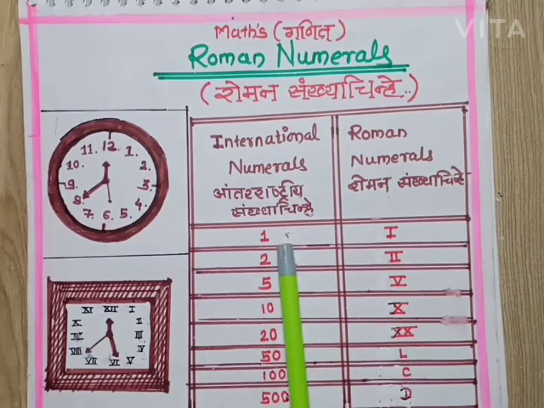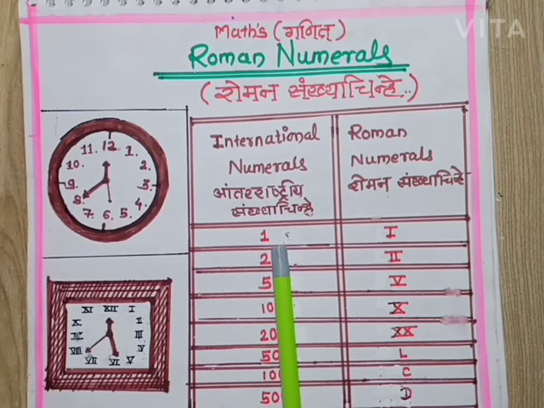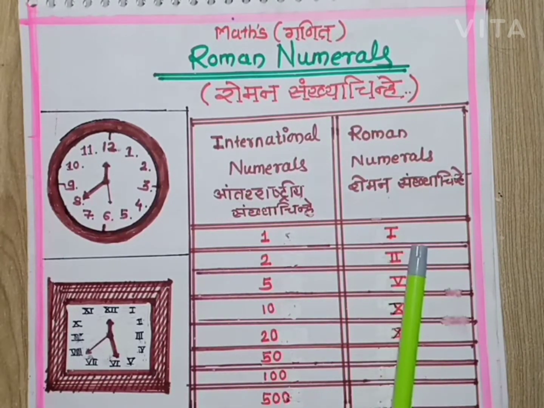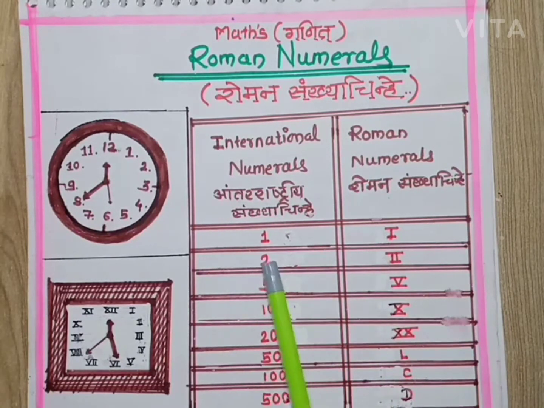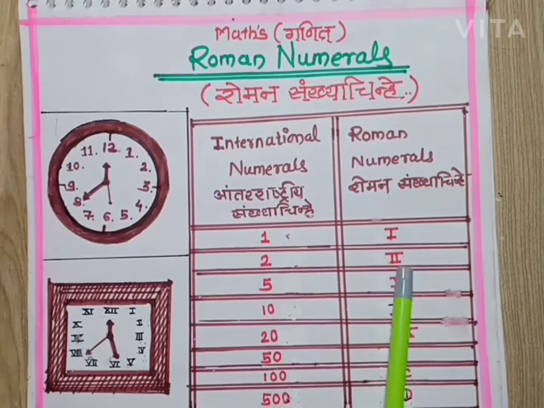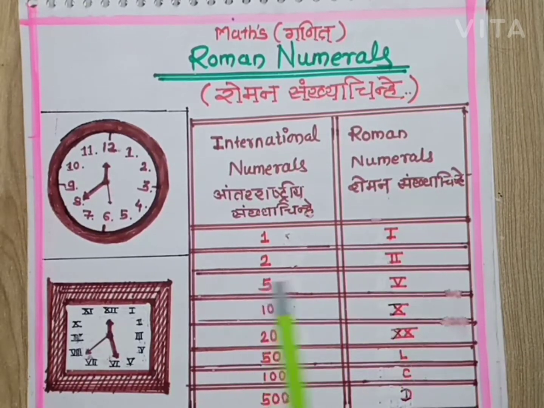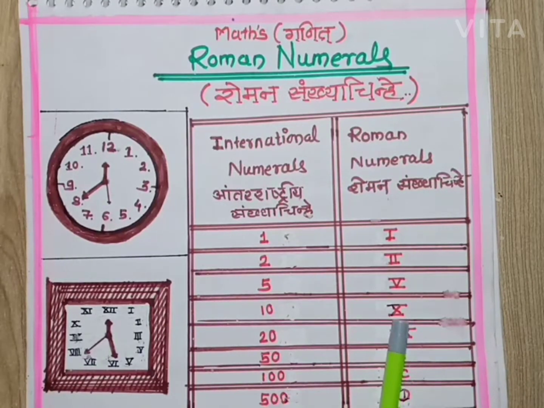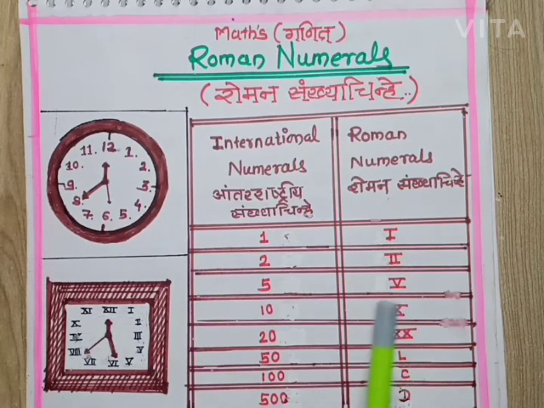Now the number 1 is described by I, capital letter I. Here 2 is represented by double I. 5 is represented by V. 10 is represented by X. Represent means it denotes that number.